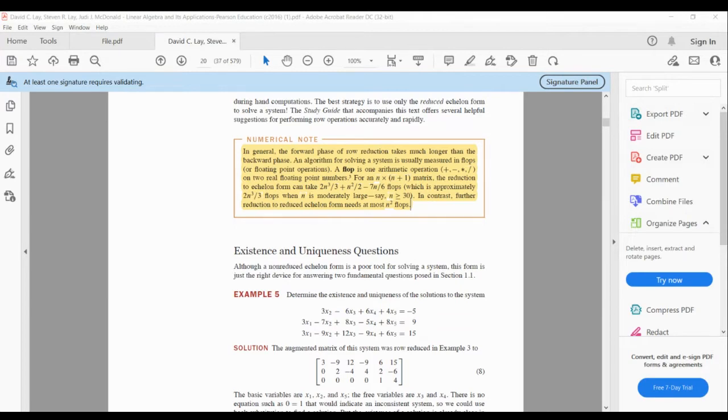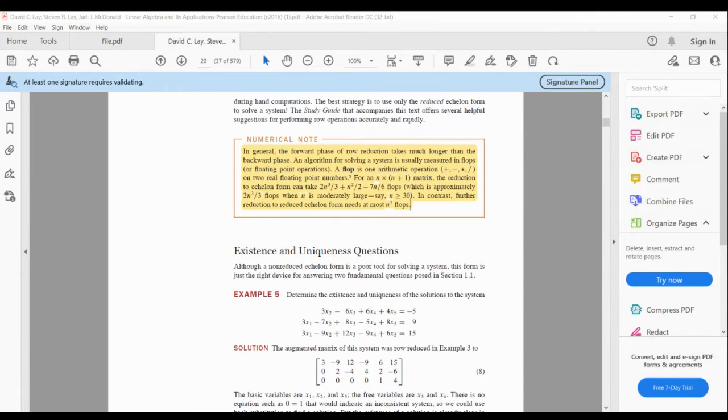And an algorithm for solving a system is usually measured in flops. A flop is one arithmetic operation: plus, minus, multiply, or divide. How many have heard of a flop in computer science? That's a computer science term, right? Well, we call an arithmetic operation a flop.